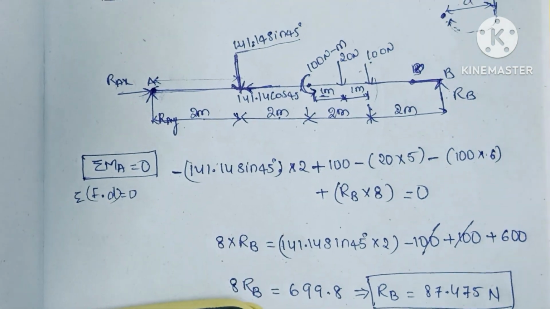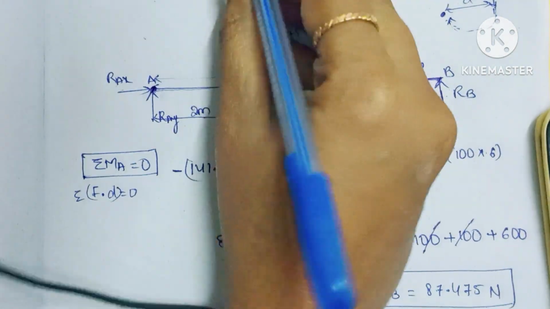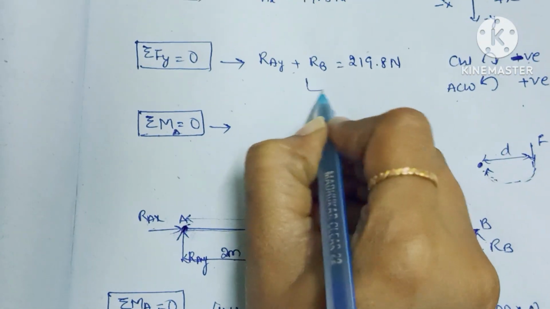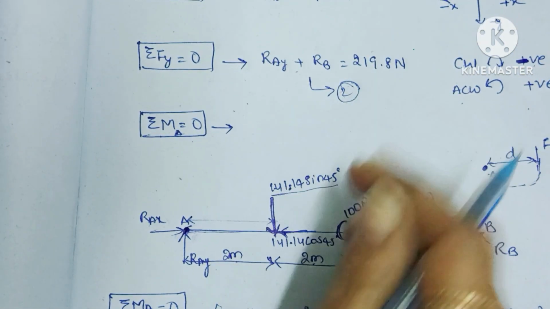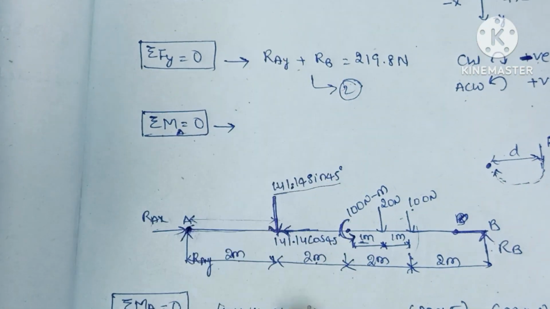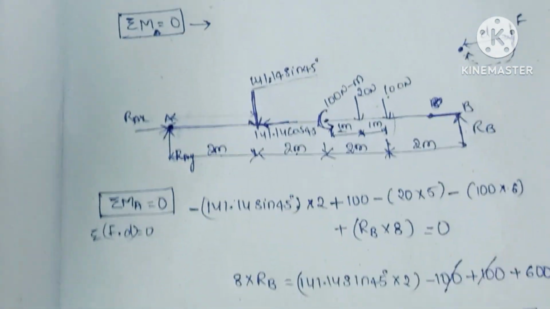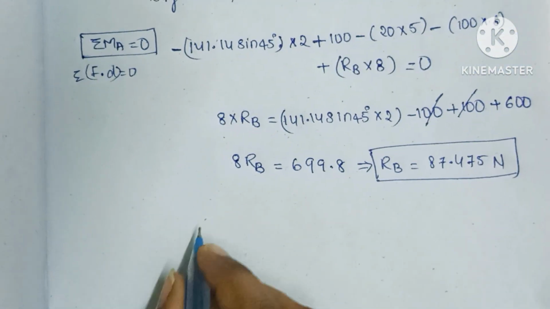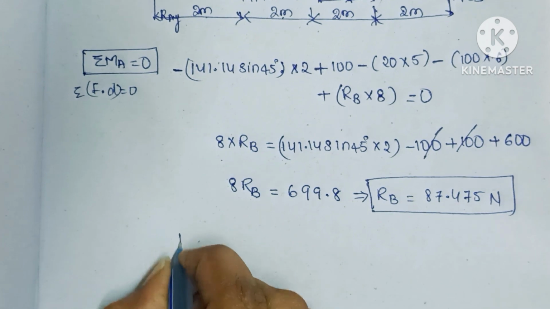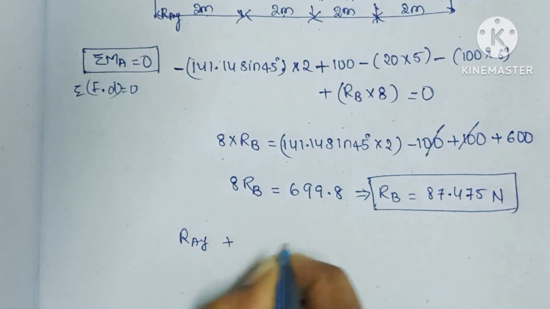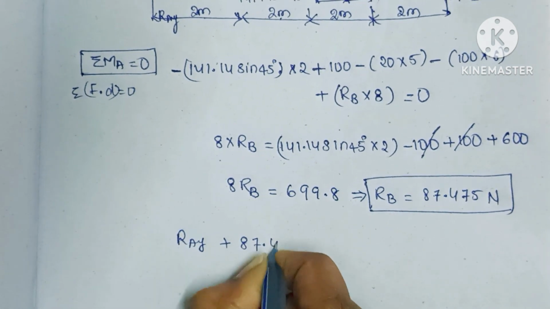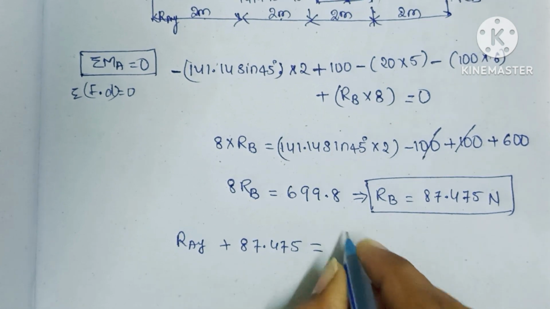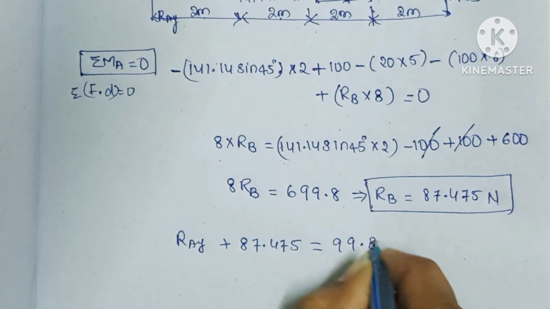Okay, we got the RAX and RB values. So if we consider this as equation 2, from equation 2 we can find the RAY value. So I am writing here, RAY plus RB is nothing but 87.475, which is equal to RAX, 99.8.